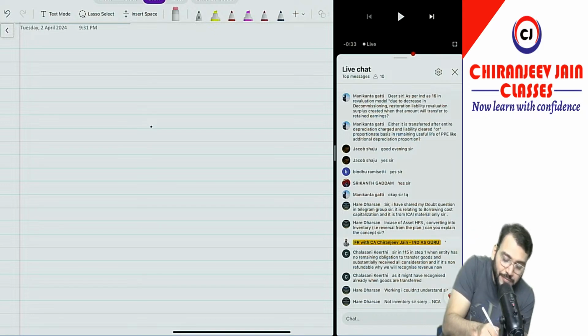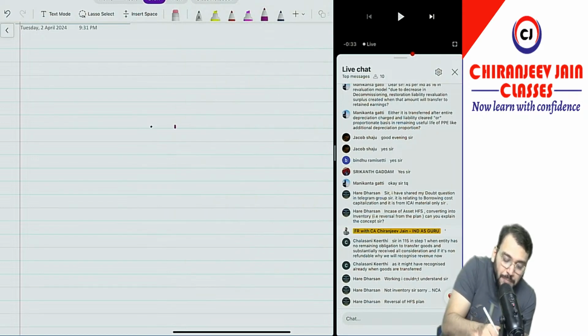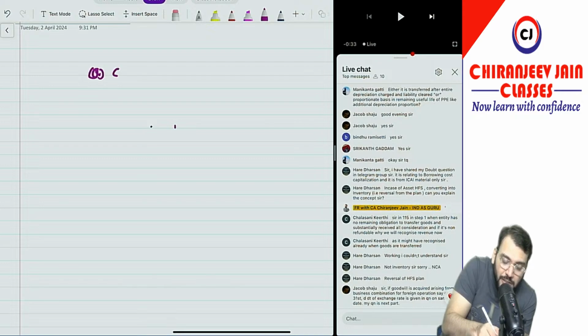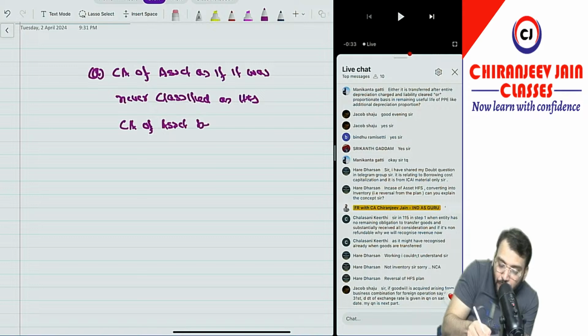Whenever the plan changes, you need to first find out the carrying amount of the asset as if it was never classified as held for sale. How to calculate this? First find out the carrying amount of the asset immediately before classification.